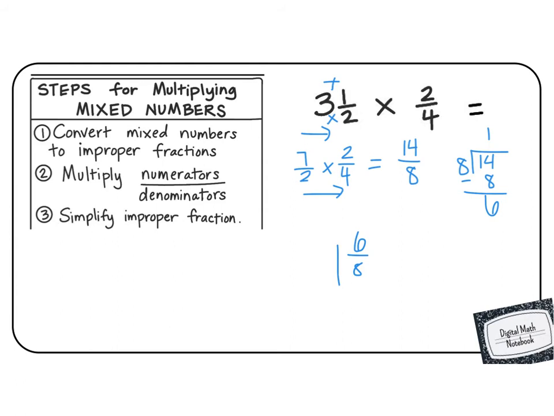And then we can simplify that because 6 and 8 are both even numbers. So we can divide the top and the bottom by 2. 2 goes into 6 3 times, and 2 goes into 8 4 times. So our simplified fraction would be 1 3/4. Now pause and make sure that you have typed in all the boxes for this problem.